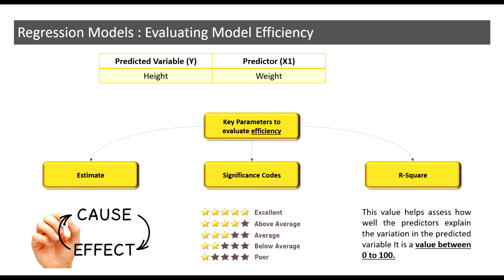The R-square value measures how much percentage of variation in the predicted variable is explained by the chosen predictors. It is important to note that since the R-square is measured in percentage, the value of R-square will naturally lie between 0 to 100. 0 means that the chosen predictors are unable to explain the predicted variable, and 100 means that the chosen predictors are being able to perfectly explain the predicted variable.